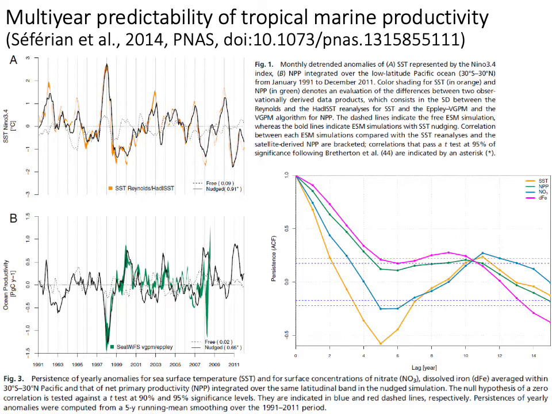So looking at this right panel with the lag in years versus the anomaly correlation, you see that whereas sea surface temperature in orange declines in skill early, the nitrate and productivity and iron anomalies persist much longer, and where these blue and red dashed lines are significance levels.